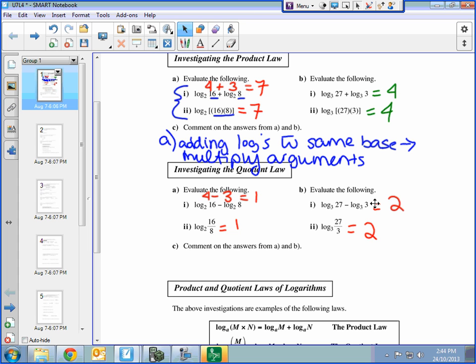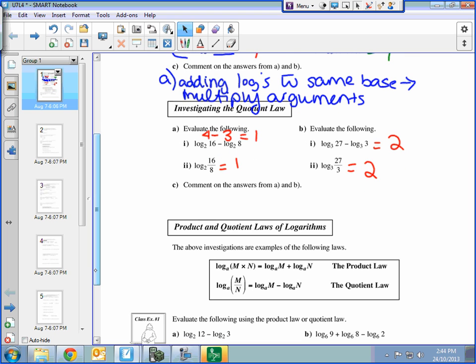Good. So what's my quotient law? Yeah, it's the same as the top one except the opposite. Okay.